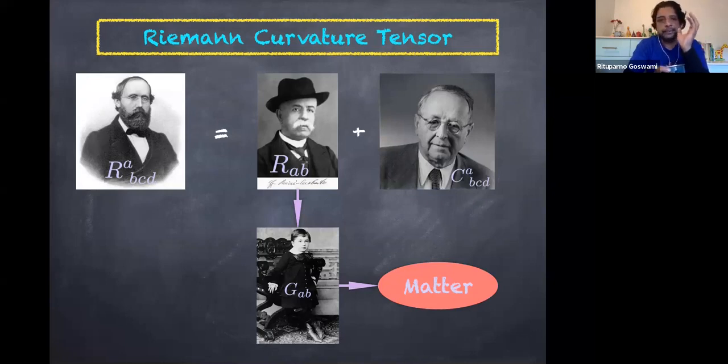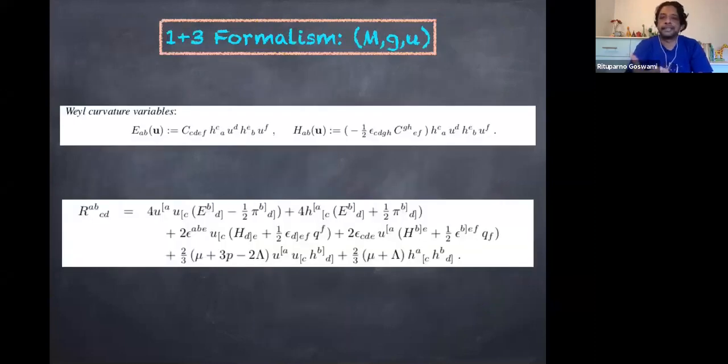The trace is the Ricci tensor, and the trace-free part is the Weyl tensor. Now it turns out, according to Einstein, that the Ricci tensor is related to matter. So whenever there is a Ricci tensor in the problem, we just change it into the matter variables, and that's how we incorporate the physics into it.